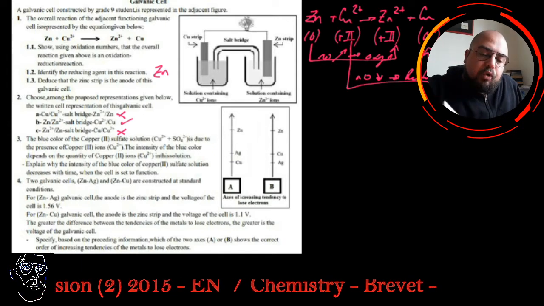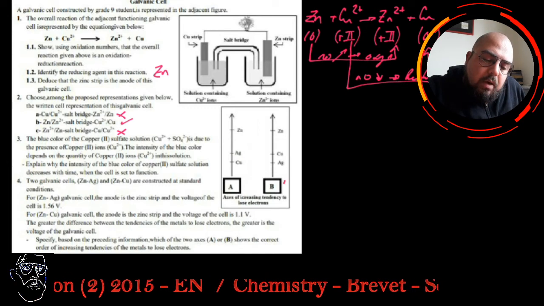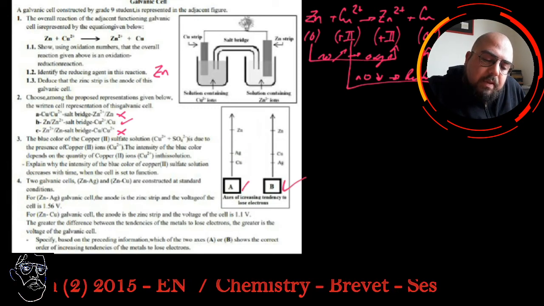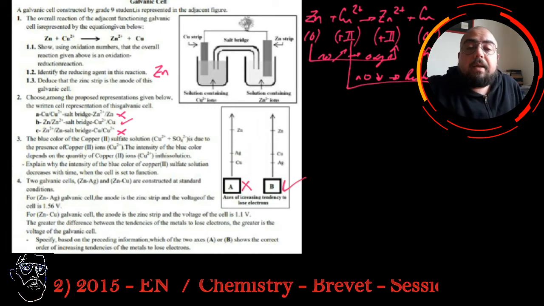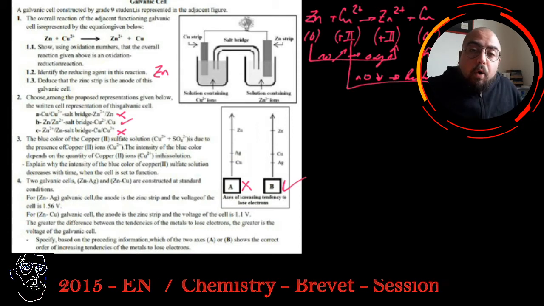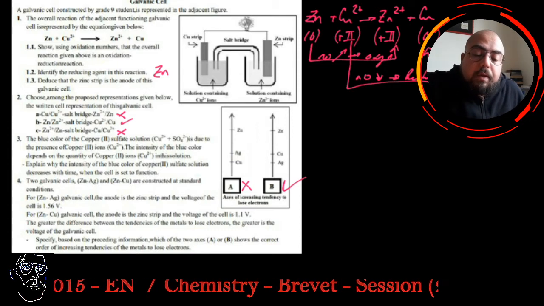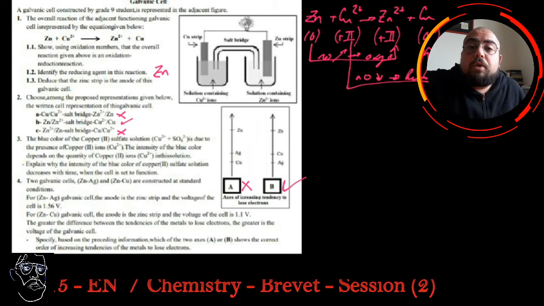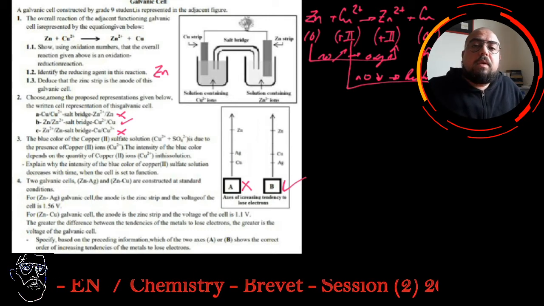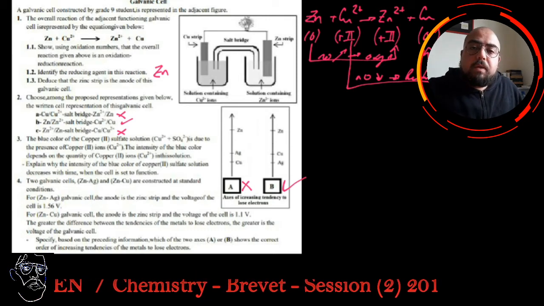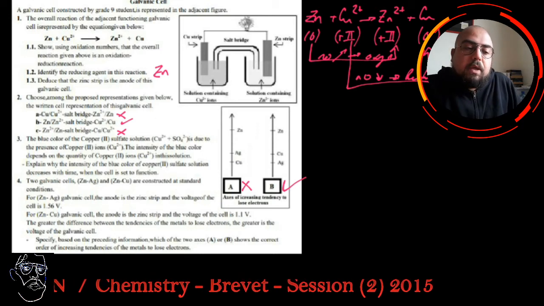That's why I need to choose representation B and not representation A, because Zn and Ag are quite far apart regarding the voltage 1.56, which is greater. So the greater the difference, the greater the voltage, and that was the case of representation B.